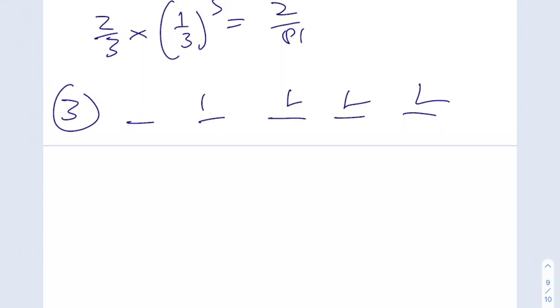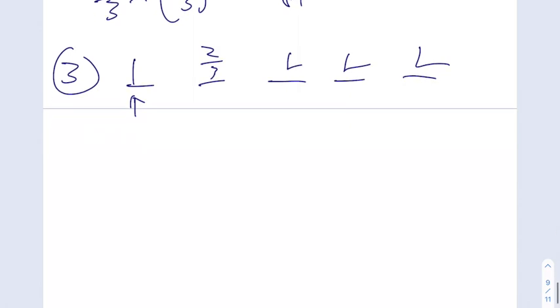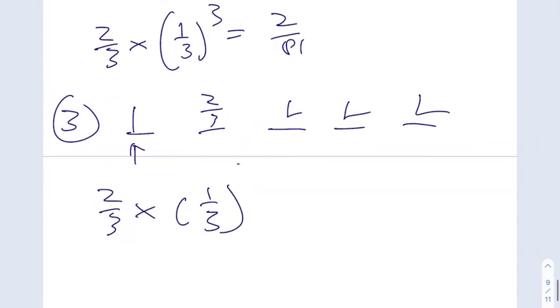So it doesn't matter what the outcome of the first game is; it can be anything, so this is just 1. Now for the second match, we only want 3 consecutive losses, we don't want 4, so the probability of not losing in the second game is 2/3. So the probability of scenario 3 happening is 2/3 times 1/3 cubed, which is 2/81.